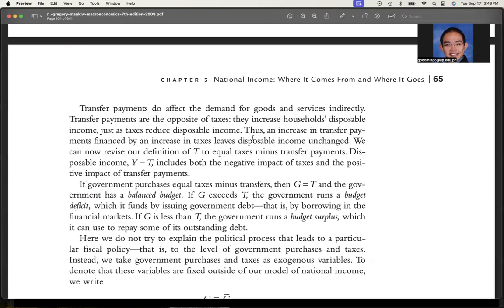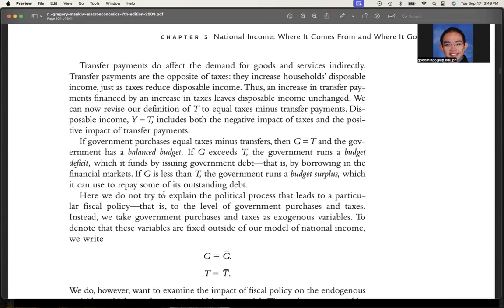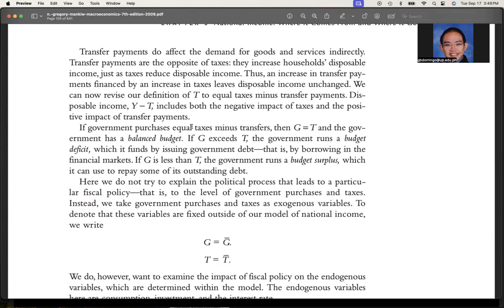So an increase in transfer payments financed by an increase in taxes leaves disposable income unchanged. So we can revise our definition of T to equal taxes minus transfer payments. Disposable income Y minus T includes both the negative impact of taxes and the positive impact of transfer payments. Next, if the government purchases equal taxes minus transfers, then G equals T, and the government has a balanced budget. So spending of the government equals the net take here, right?